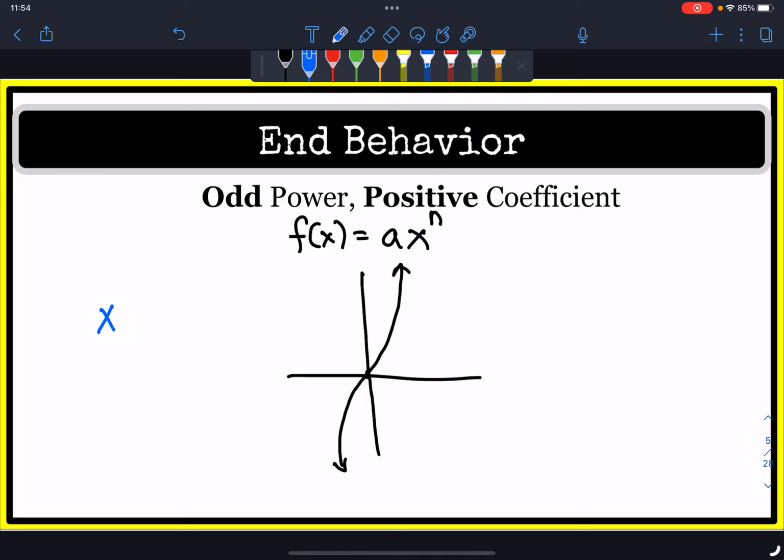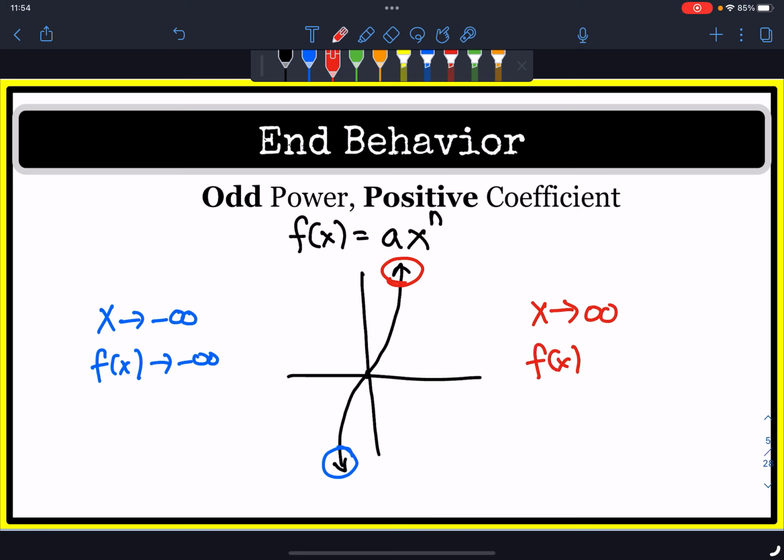So as x approaches negative infinity, the function values also approach negative infinity, because this left end is pointing downwards. Now to describe the right end, using arrow notation, we write that x approaches positive infinity, the function values approach positive infinity.